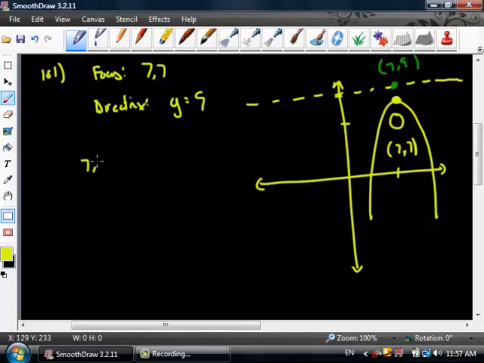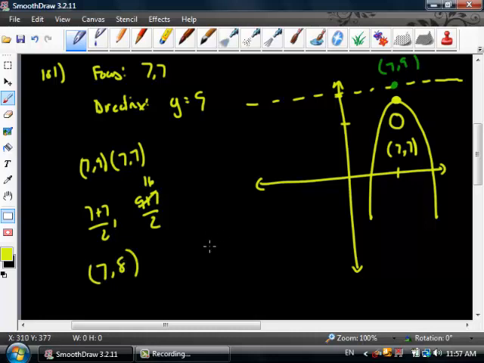So 7, 9 and 7, 7. That's going to be 7 plus 7 over 2, 9 plus 7 over 2. So that's 7, 8. So my vertex is going to be y equals a, and then x minus 7 squared plus 8.